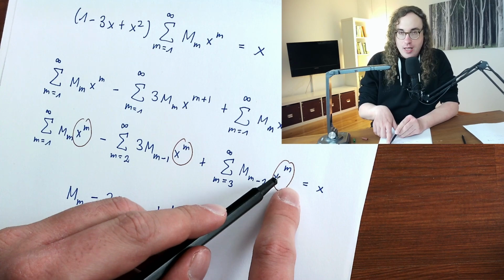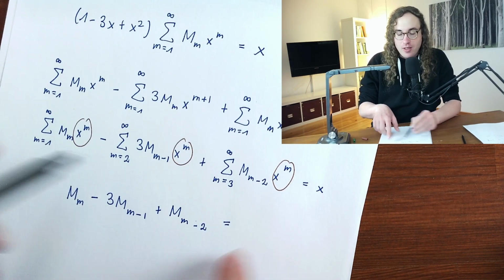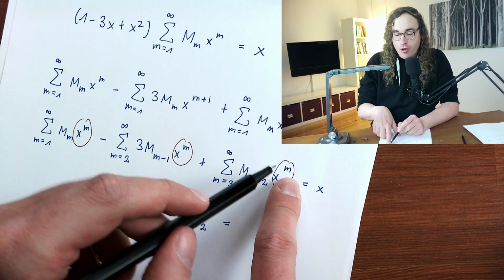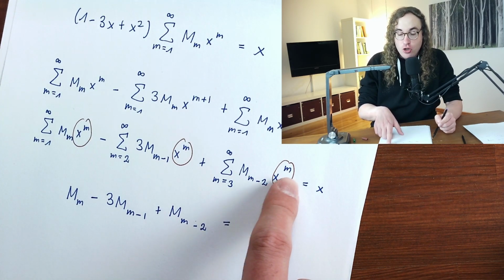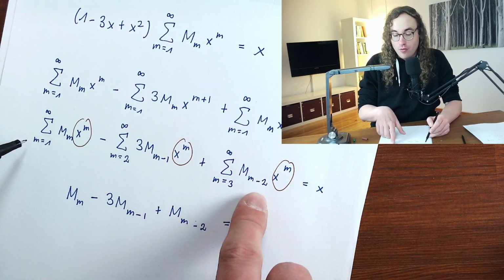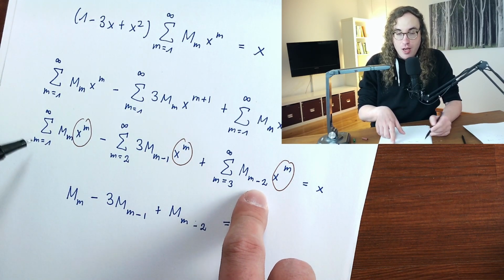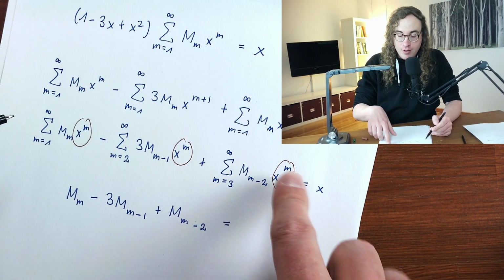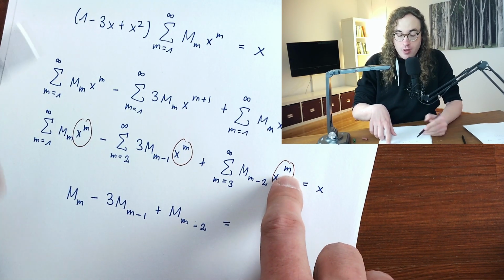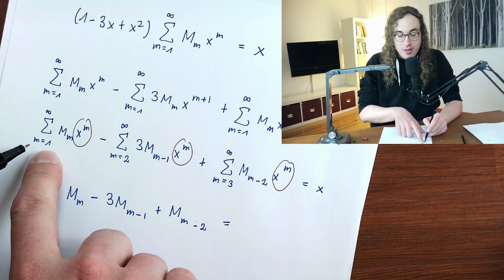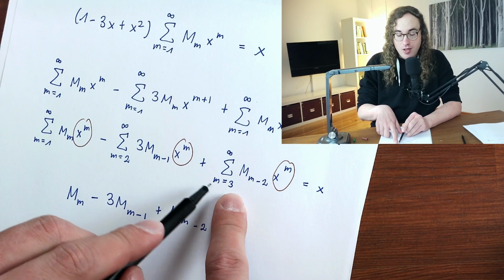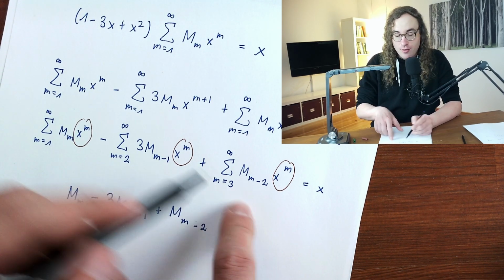For lowercase m equal to 1, we would, for example, expect that these values rather are 1 because the coefficient is 1. But okay, so for m at least 2, we expect these to have the joint coefficient 0. And now you have to be a little bit more careful because even if m is at least 2, note that this means that, for example, the first summand would not actually be there because we only start summation here at 3.